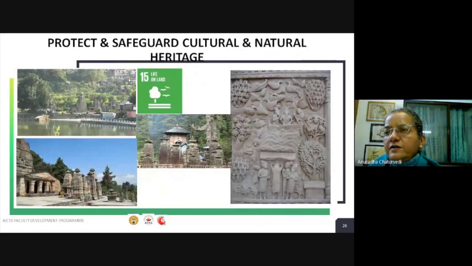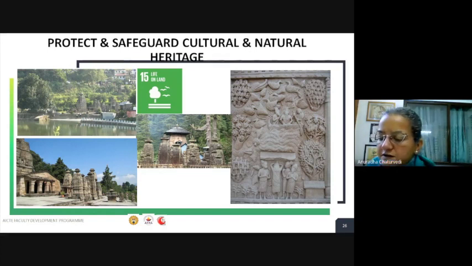Now, in addition to Sustainable Development Goal 11, which is related to cities and communities, Sustainable Development Goal number 15, which relates to life on land, is also extremely important in the context of our heritage resources.